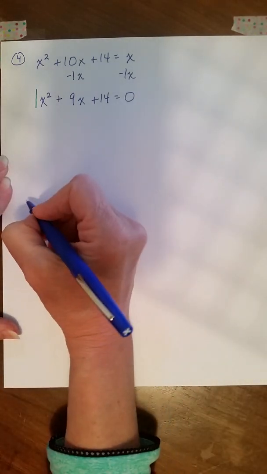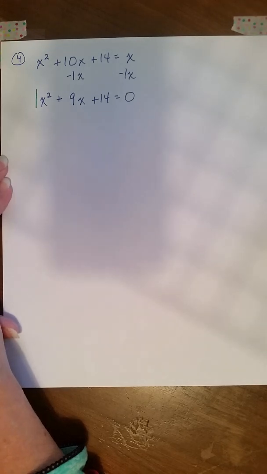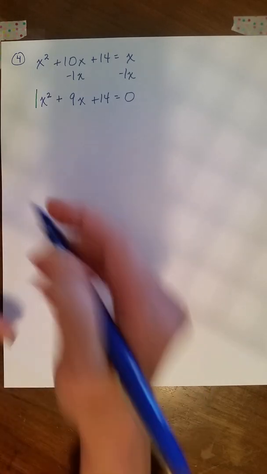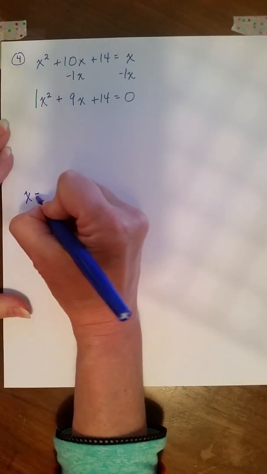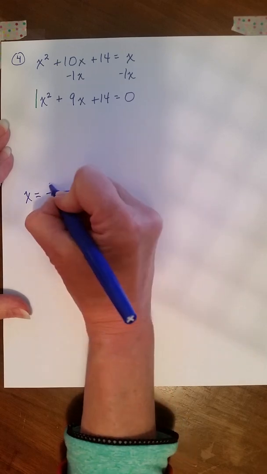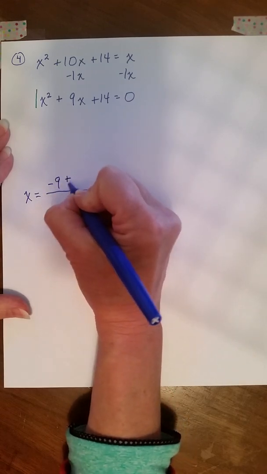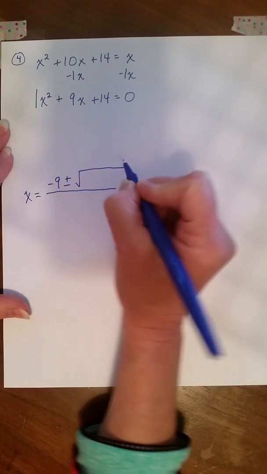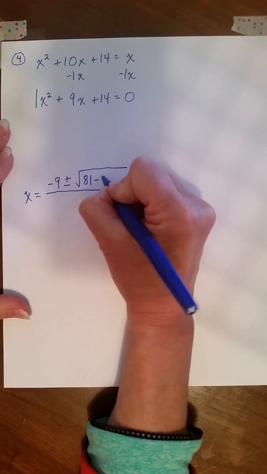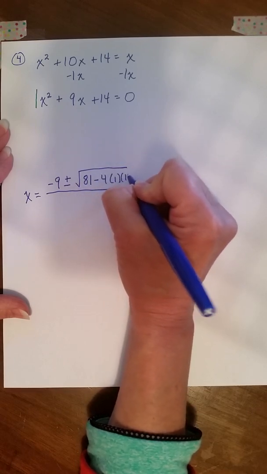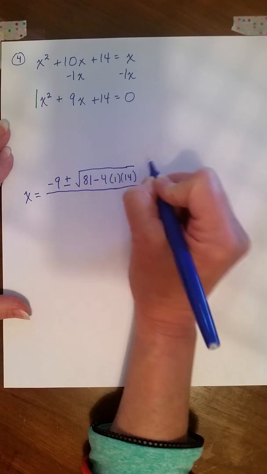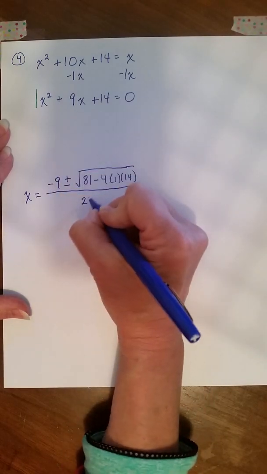Okay, let's do the quadratic formula. In fact, now would be another good time to hit pause. Try it by yourself, see if you get the correct answer, and then circle back. Okay, let's do this. x equals the opposite of b plus or minus the square root of b squared minus 4ac all divided by 2a.